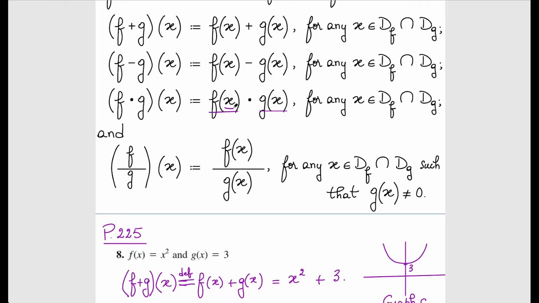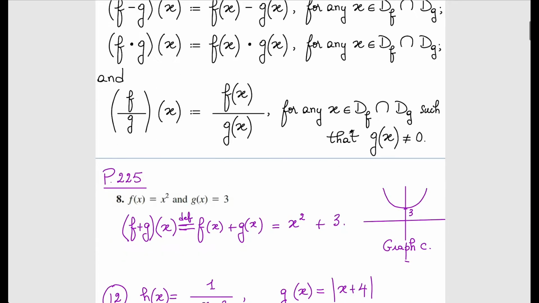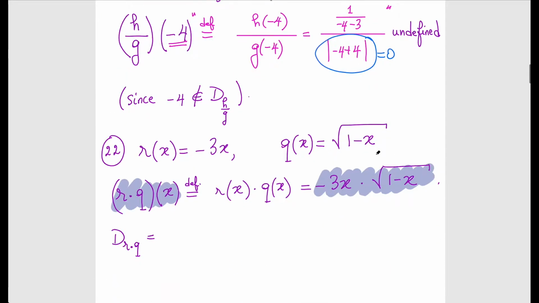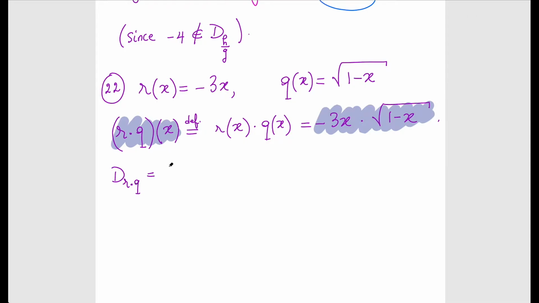This forces x to be in the domain of f and x to be in the domain of g, and hence x should be in the intersection. So the domain of the product is the intersection of the respective domains. The domain of r times q is the domain of r intersected with the domain of q.